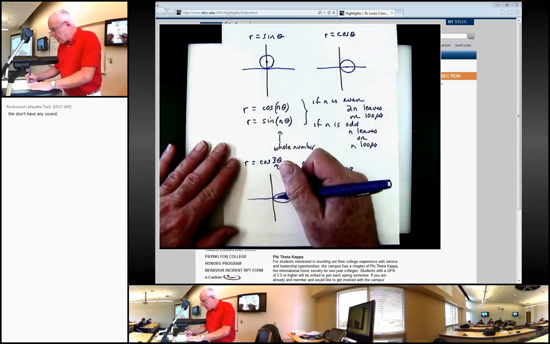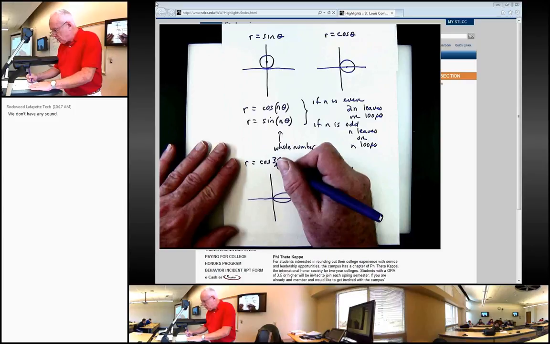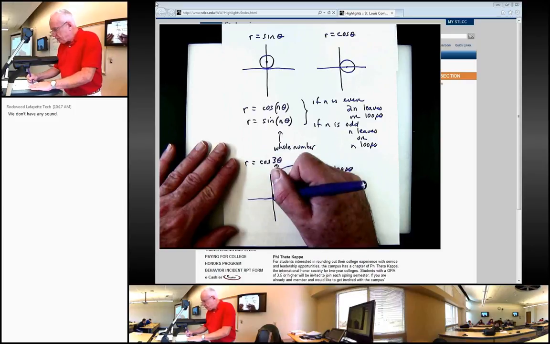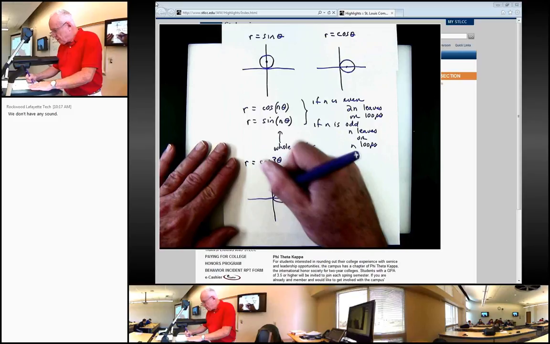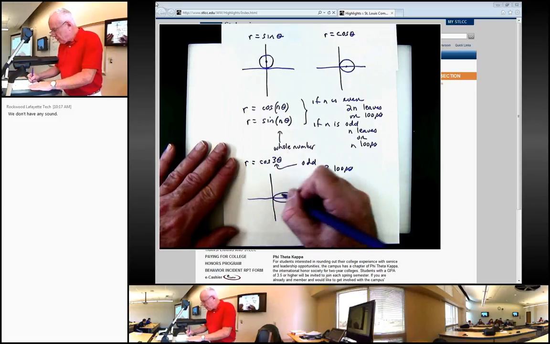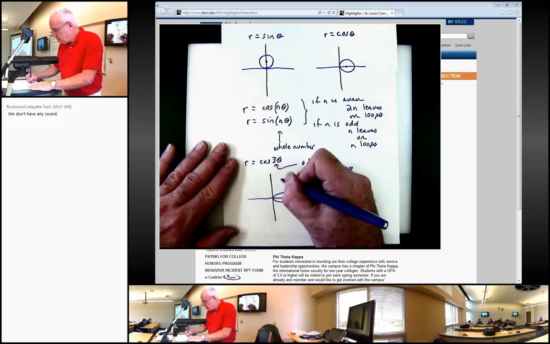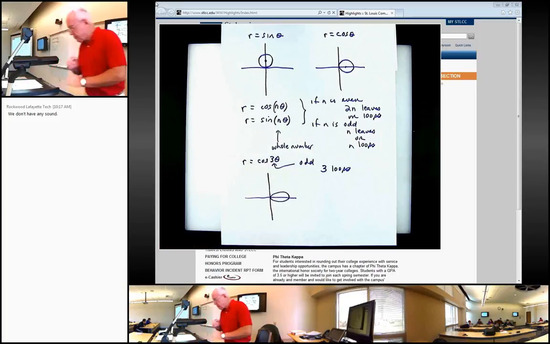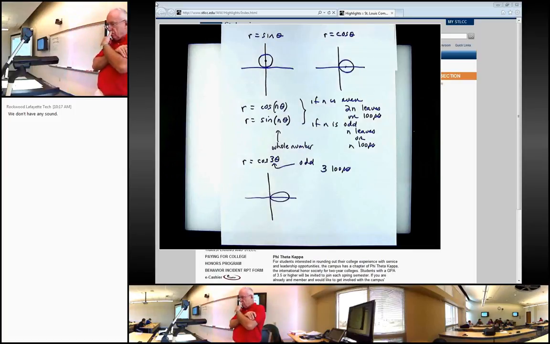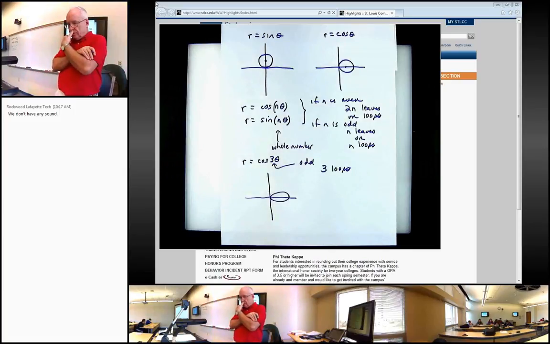And we're going to be 0 there. We're going to have a loop, I think that's going to be there. Ooh. How is that going to look? Should have drawn this out.